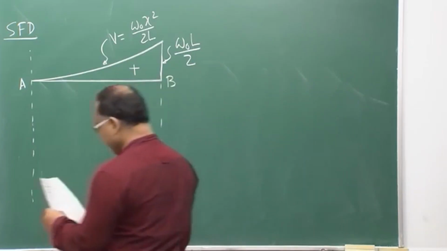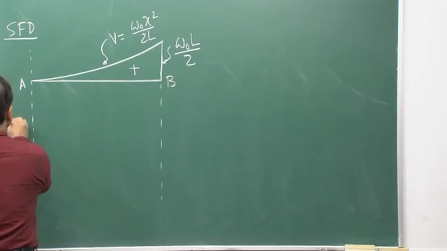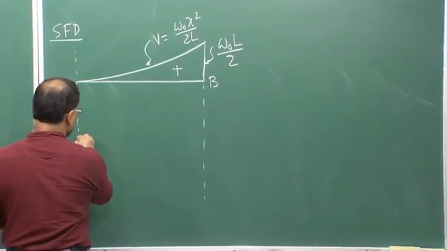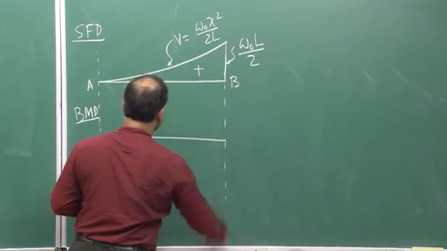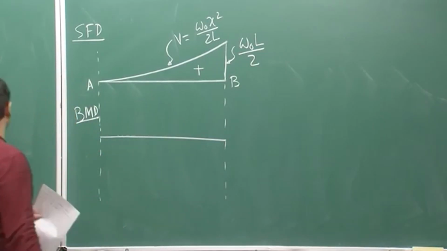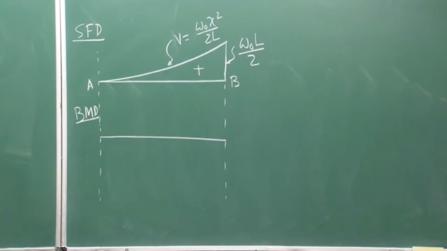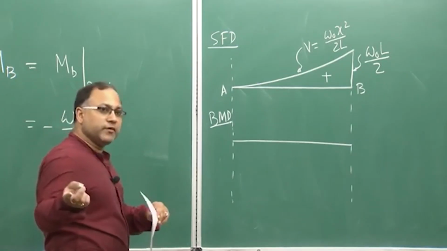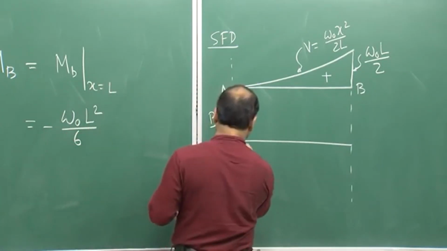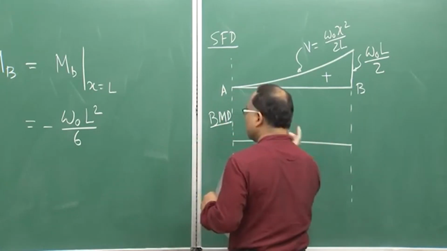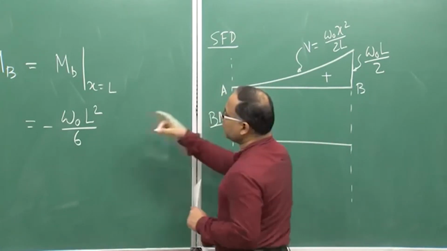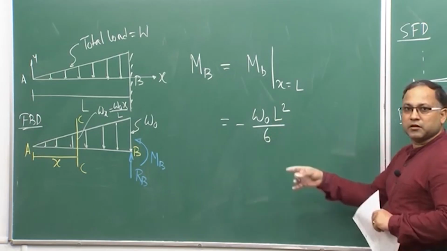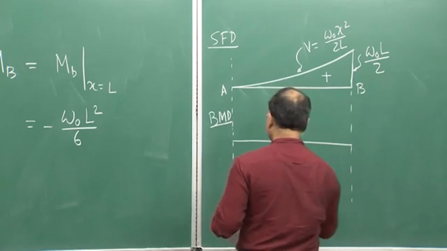Okay. Similarly, let us plot the bending moment diagram. Say this is my baseline. If you recall, the bending moment expression was in cubic form. So, at x equal to 0 it is 0, at x equal to L it should be minus W naught L square by 6, and in between it will be negative.